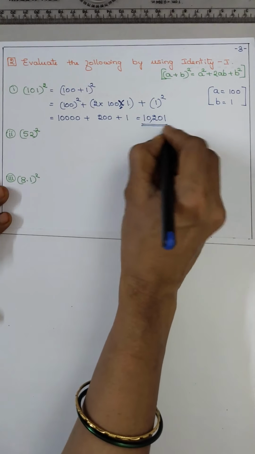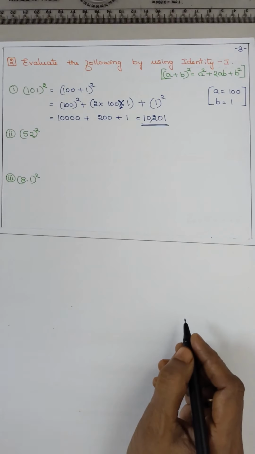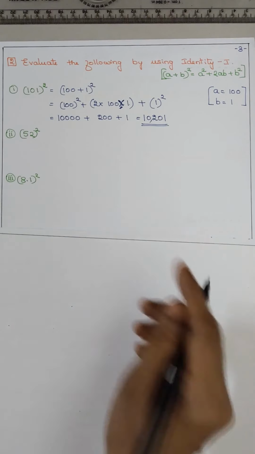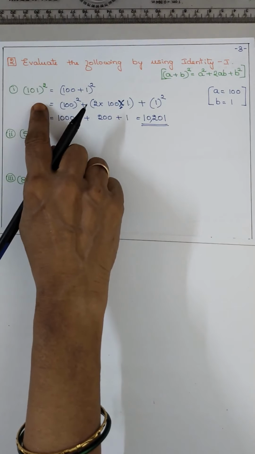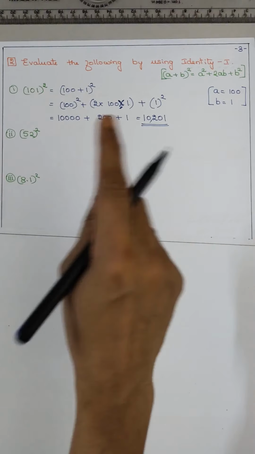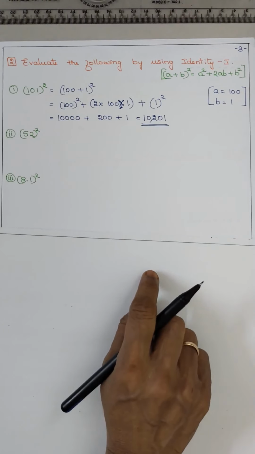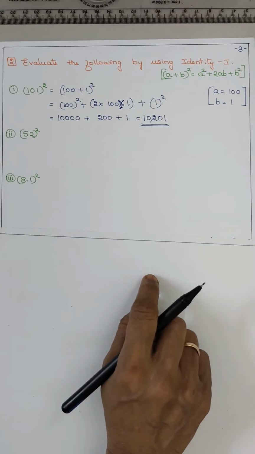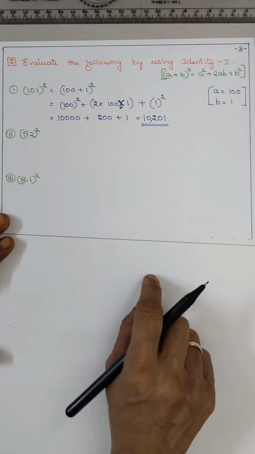Answer is 10,201. So आप लोग 101 square multiply करके देखो, it will be the same. So this is the easy method using the identity to find the product or the square.